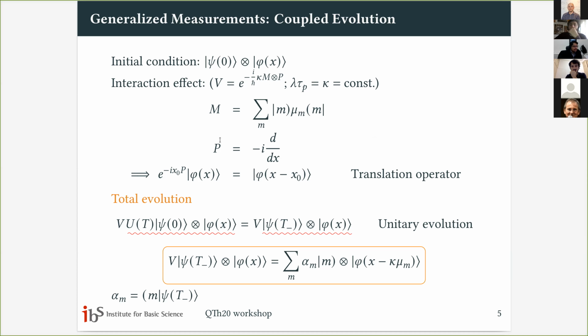Now, since this is the momentum operator P, what happens is that in the position representation, the pointer state phi of x simply gets translated. And this gets translated by the eigenvalue of the operator M. And hence, in order to make measurements, all you need to do now is to measure the pointer using a projective measurement, and depending on how much it has shifted in position, you would infer the outcome of the measurement of this quantum system.